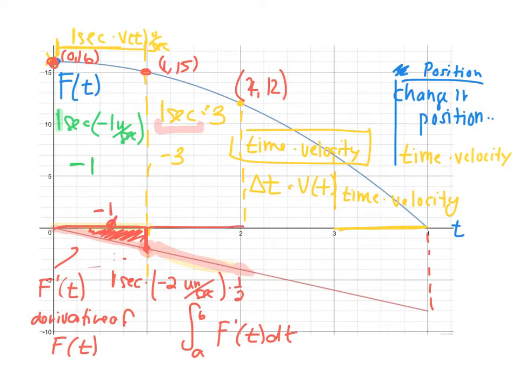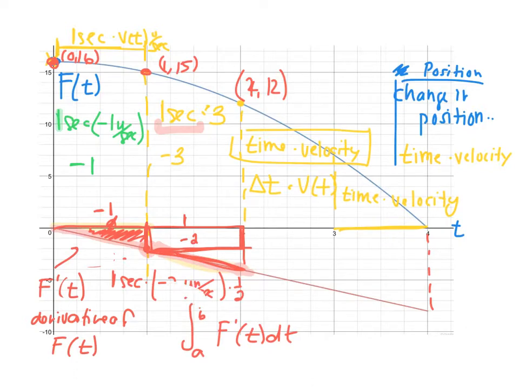Now this shape here, we'll split into 2 different areas to calculate. So this rectangle has a base of 1 second, and it has a height of -2. So the area of the rectangle is -2. I'm going to erase some of my work here, so I have a little more space to show the next.